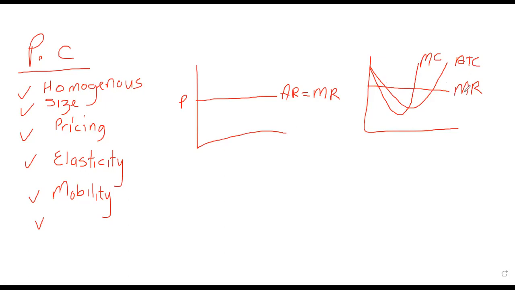When marginal revenue is equal to marginal cost. That's when profit is maximized. So where marginal revenue and marginal cost meet here, we draw a line. So this is called the normal profit.